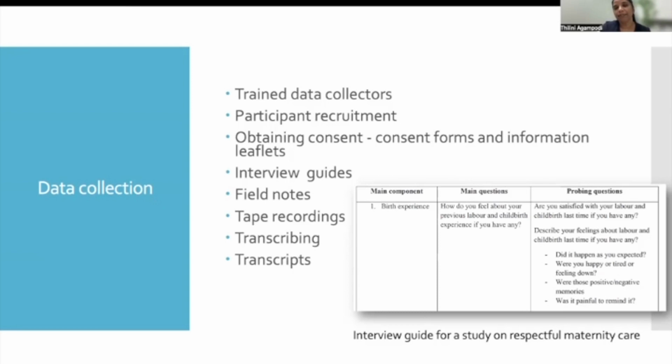So this is the first area that the researcher wants us to acquire knowledge on, the birth experience of the mother who has delivered. There are a lot of areas, but I took only one because the slide is limited. So you generate the main or large question first. How do you feel about your previous labor and childbirth experience, if you have any? We ask the person. That is your broad intention.